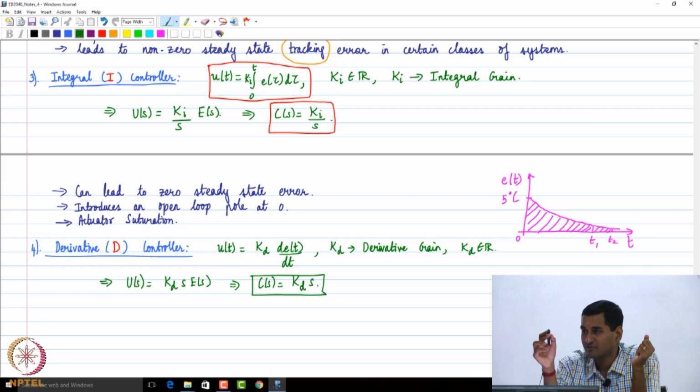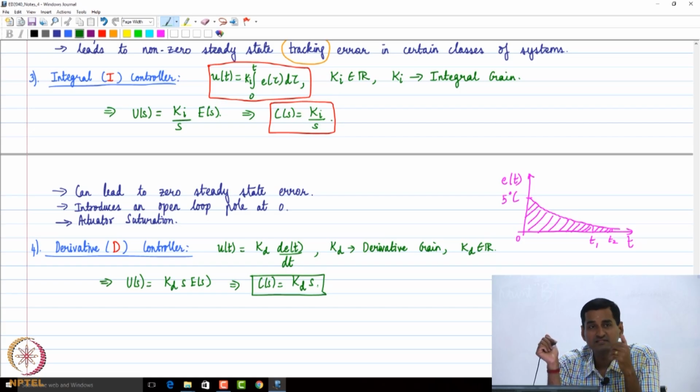The order of the numerator and denominator polynomials of P(s) are equal, and H(s) happens to be 1, unity feedback. Then if you put C(s) to be Kd s and calculate the open loop transfer function G(s)H(s), you would have the order of the numerator one more than the denominator, due to this Kd s. Then we need to be a bit careful, so we can't really use that. But typically, the open loop transfer function would become proper. And this is what the derivative action would lead to.